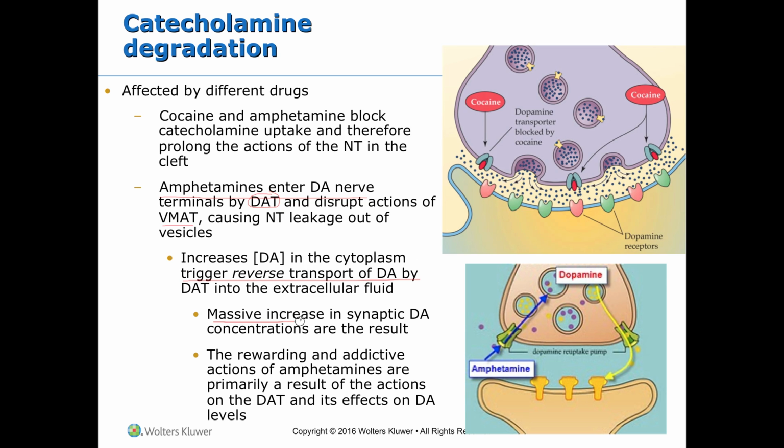This causes a massive increase in synaptic dopamine concentrations and much more activation of these receptors. This causes rewarding and addictive actions, primarily because the dopamine active transporters are in reverse and dopamine levels rise so much in the synaptic cleft.